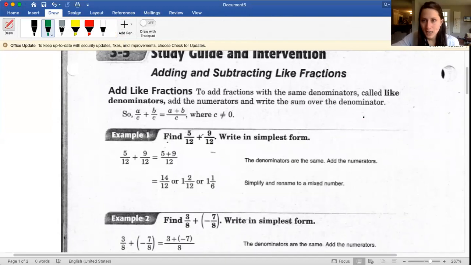If I had a fraction of a over b plus c over b, and b means I have the same number in the denominator, then I would work this out as a plus c over b.